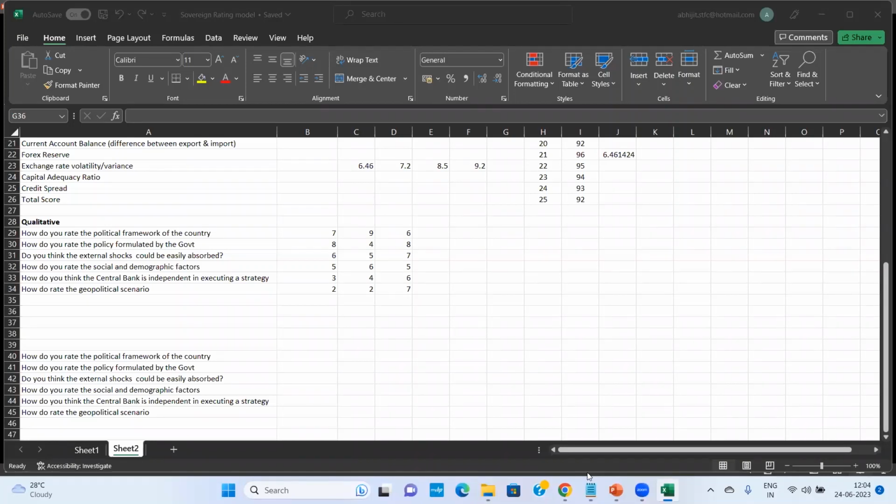Probably in sovereign rating, in real life scenario, probably there are some other aspects which you cover, or probably there are certain other variables which we consider. Right?